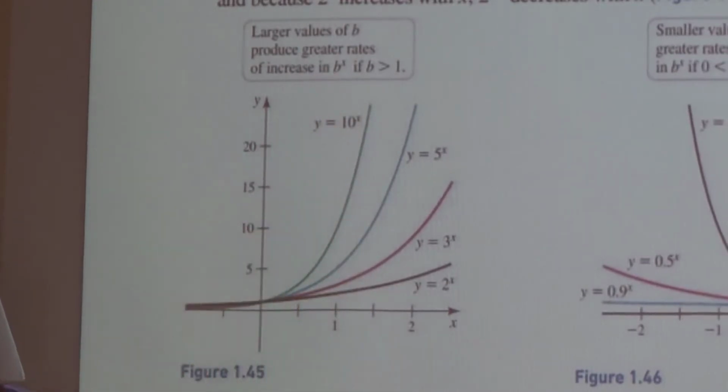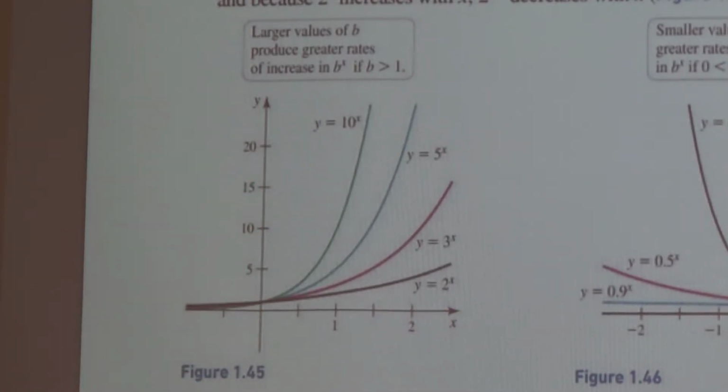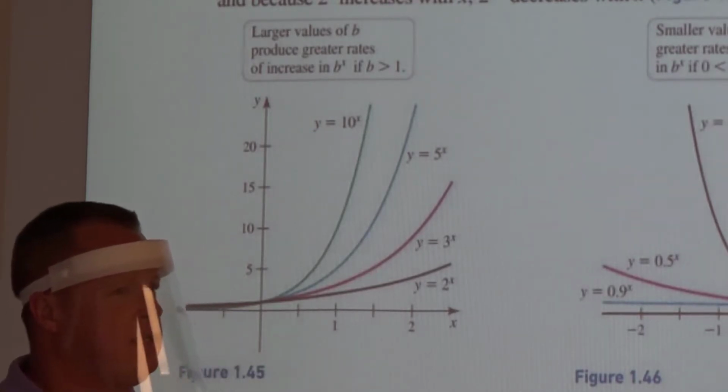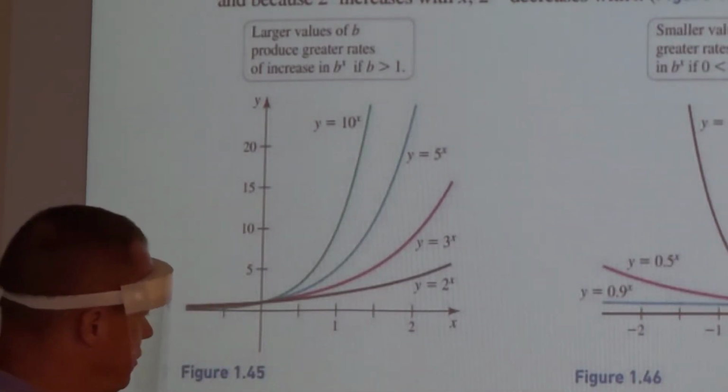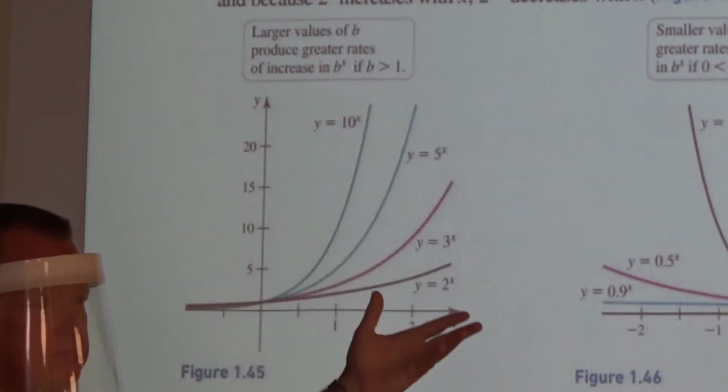So whatever the base is, as long as the base is bigger than 1, it's going to have that same shape. Okay. On your pages of graphs there, that exponential function is drawn as just a curve like this, and it would be anything where the base is bigger than 1.